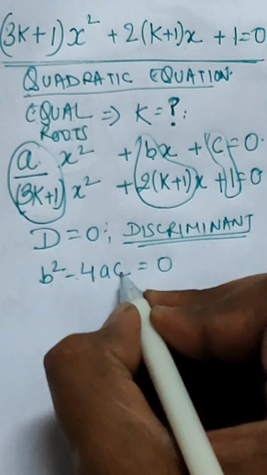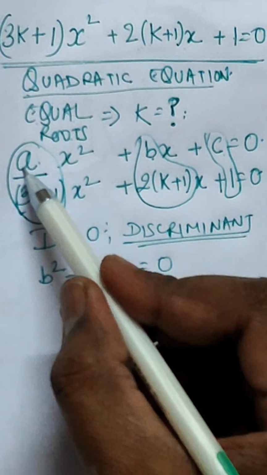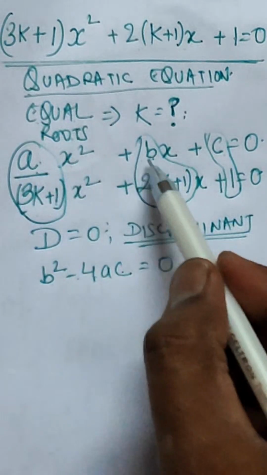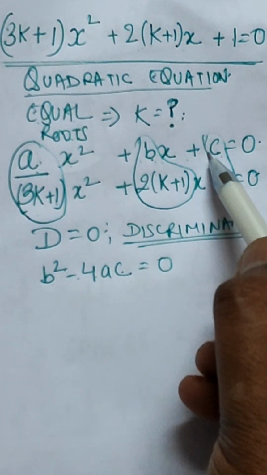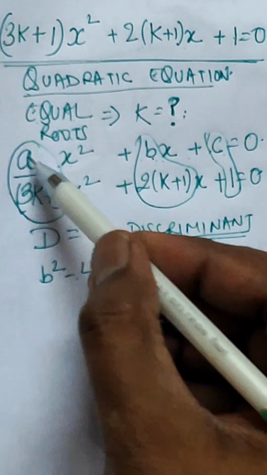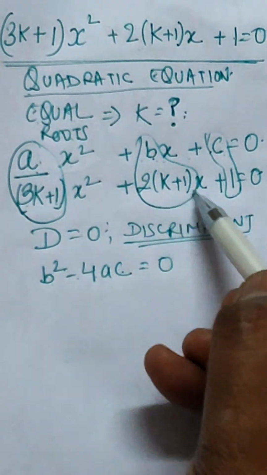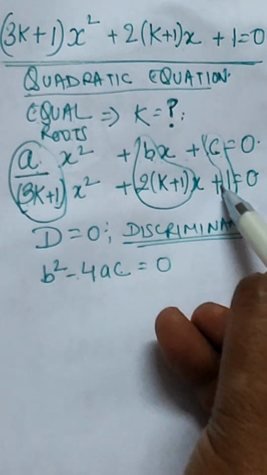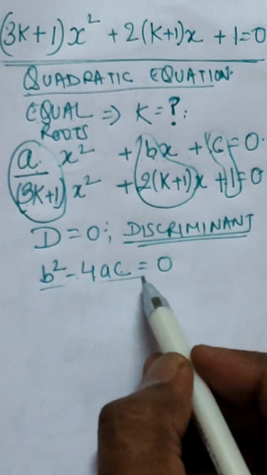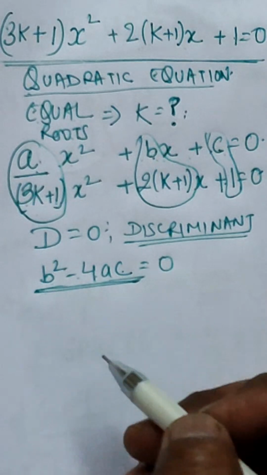D is b square minus 4ac for the standard form of quadratic equation ax square plus bx plus c. Now since in place of a it's 3k plus 1, in place of b it's 2 times (k plus 1), in place of c it's 1, just put the values over here and you can find out the value of k.